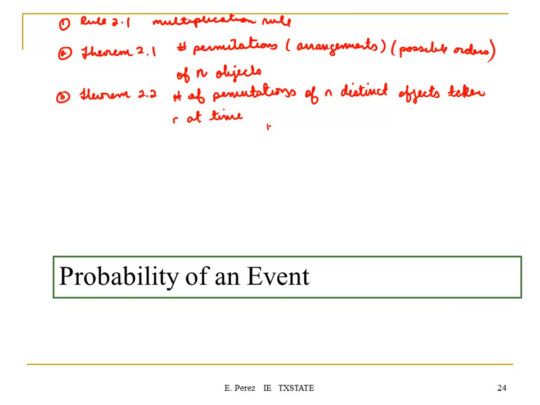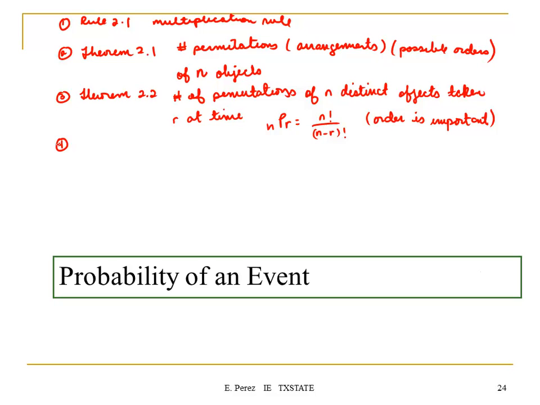And you remember this notation, nPr equals n factorial divided by n minus r factorial. And here the order is important. So that's theorem 2.2. I'm going to skip the circular permutation. That one is not used that often.